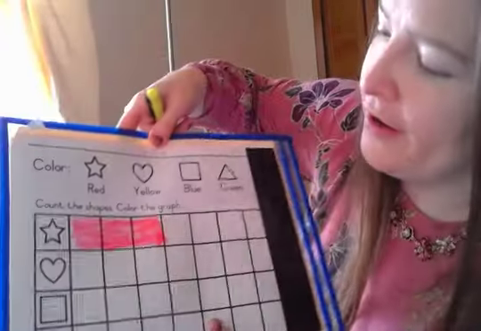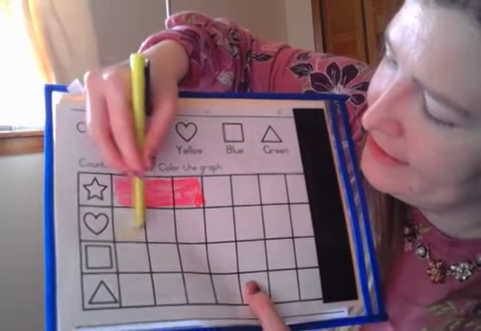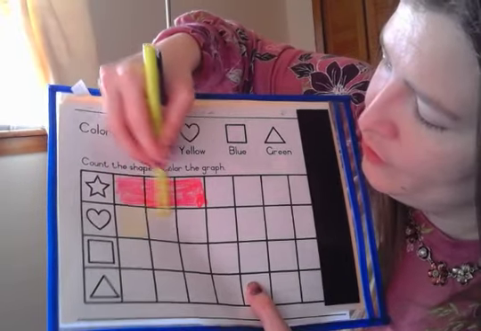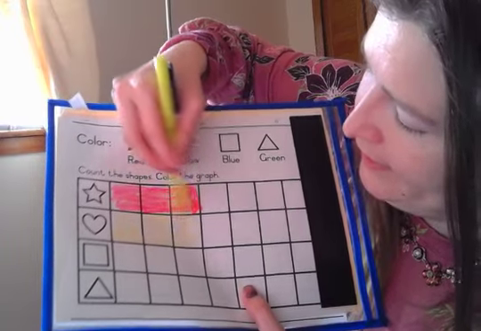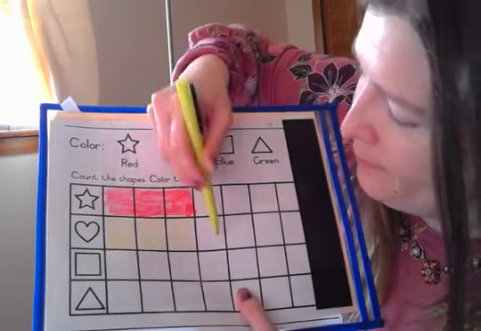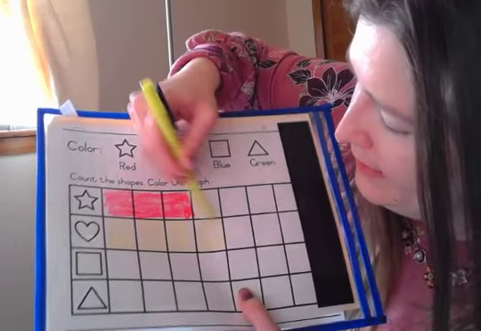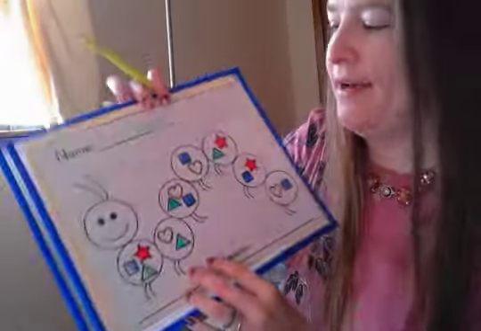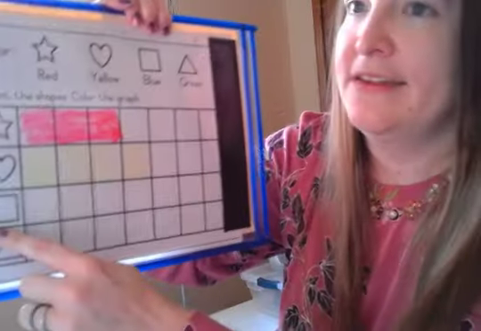So we have to mark off 4 boxes starting right here at the beginning, right next to the heart. 1, 2, 3. See how it matches the star right now because there were 3 stars? So we need 1 more. 1, 2, 3, 4 boxes for 4 hearts. Just like on the caterpillar.